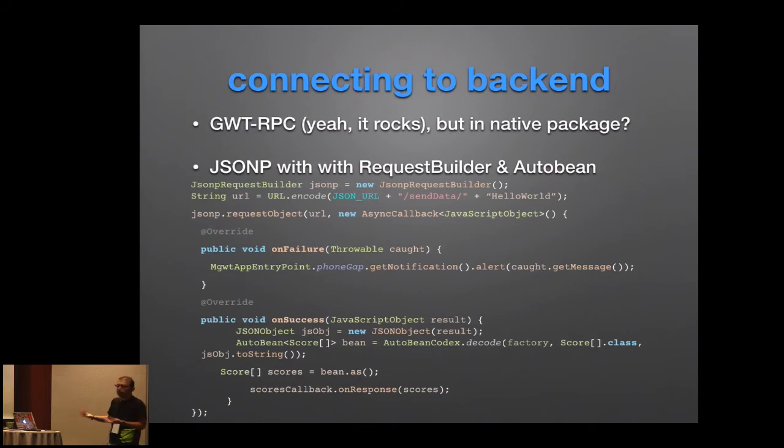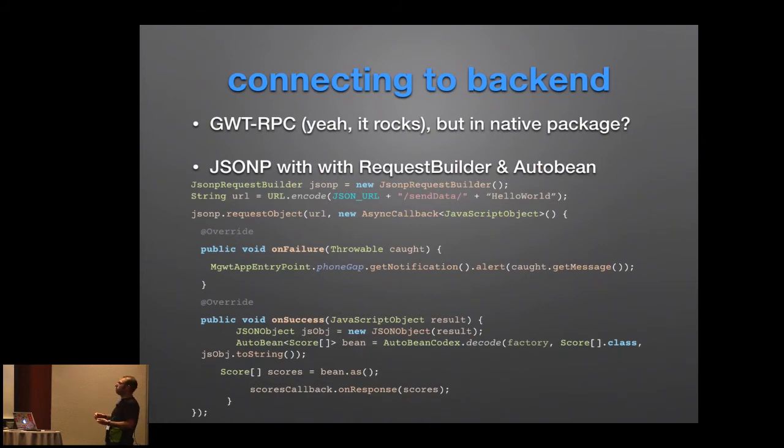And the nice thing was this function was encapsulated in one class. So each view only needed to know the reference of this class and which method to call. And all the JSON, JSONP, AutoBean stuff was just hidden in this implementation.